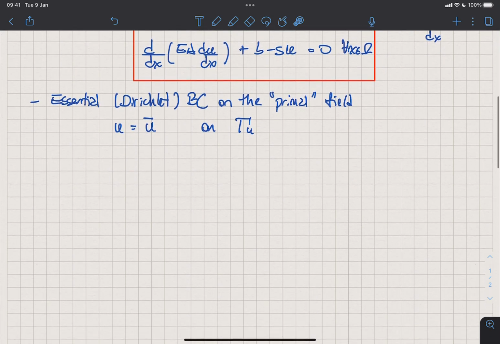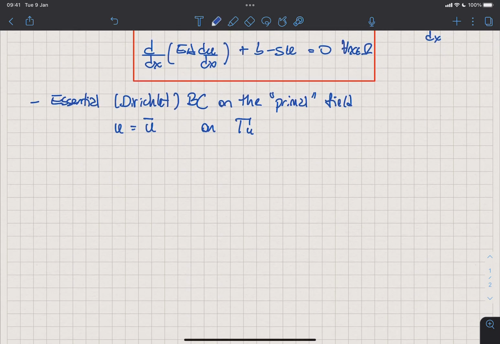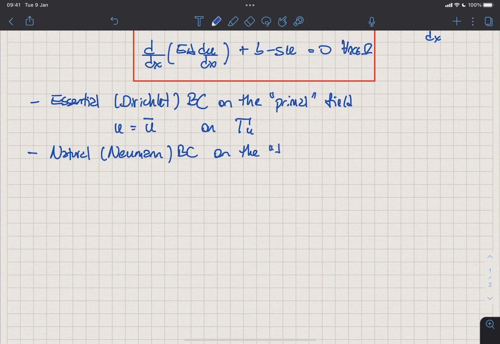Okay, and that takes us to our second type of boundary condition, which is called natural. Mathematically, it is known as Neumann boundary condition, and this is on the dual field, which in this case is our axial load.